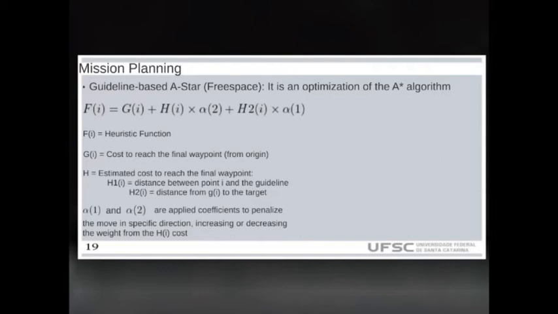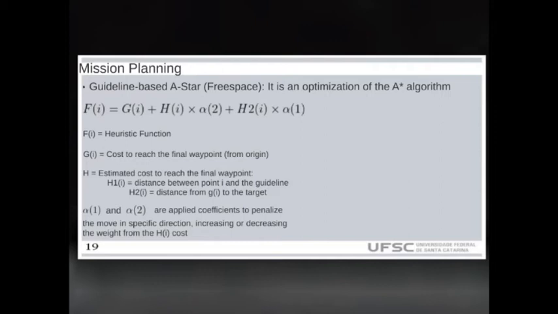So if you wish to penalize the lateral to the left, we can increase this alpha 1, and then the heuristic function will say, okay, it's a very high cost to travel to this point.